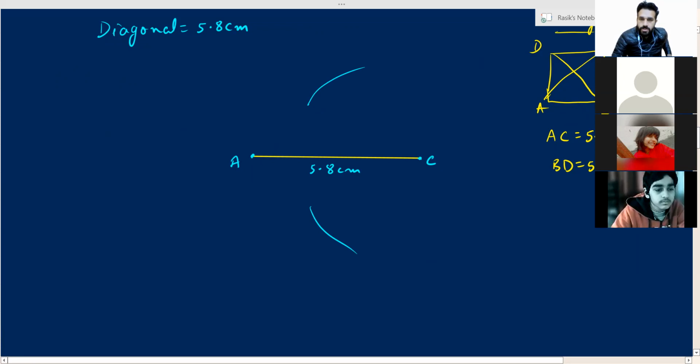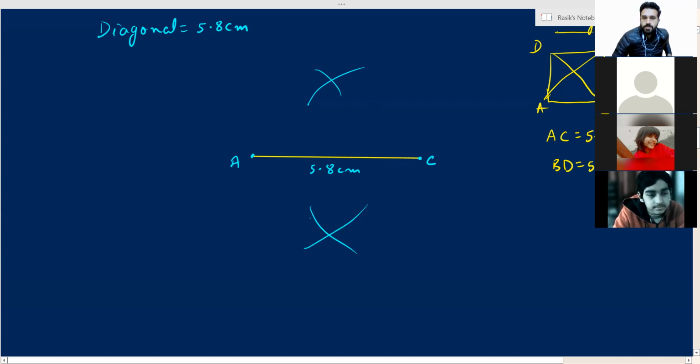We have drawn two arcs from vertex C, on the top of this line segment AC and on the bottom of this line segment AC. And now again you will keep your compass at vertex A and draw two more arcs like this.